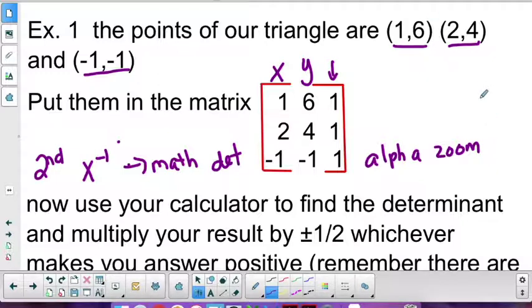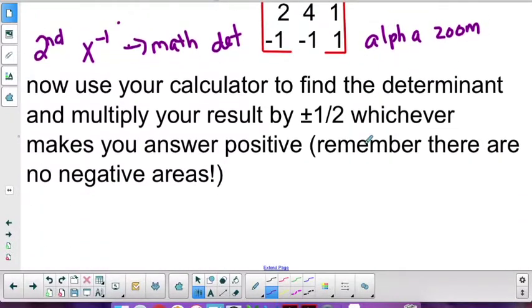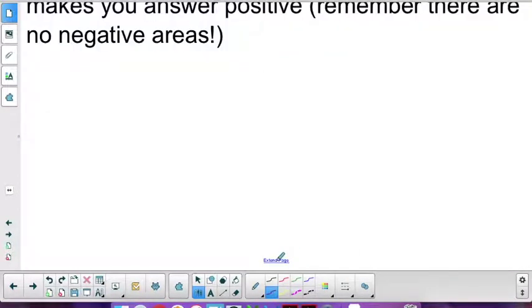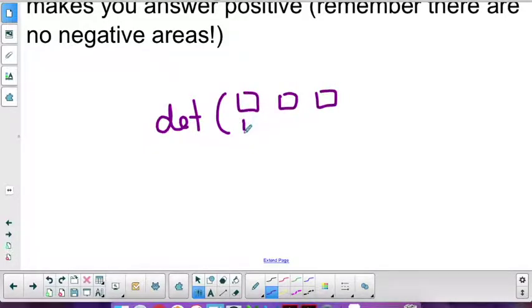So you hit the up arrow and select a 3 by 3, and then come down and hit OK. What's going to pop up on your screen is literally DET parentheses, and then a bunch of boxes that you have to fill in because it's a 3 by 3 matrix.